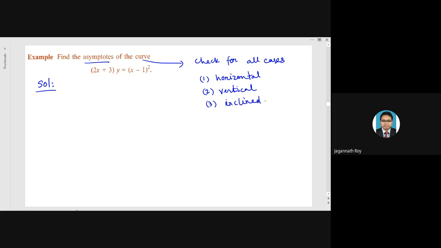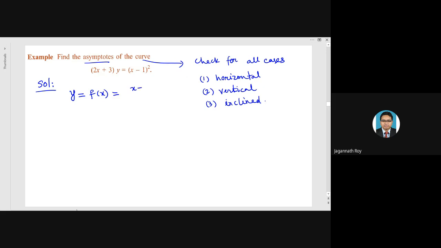So we go for the first one, that is horizontal, or you can go for vertical also, there is no problem. So what we have to do? First we have to write y equals f of x. So we'll go for the vertical one.